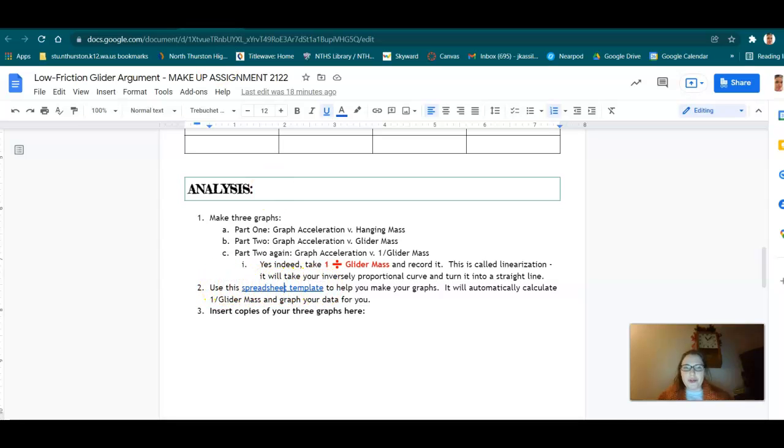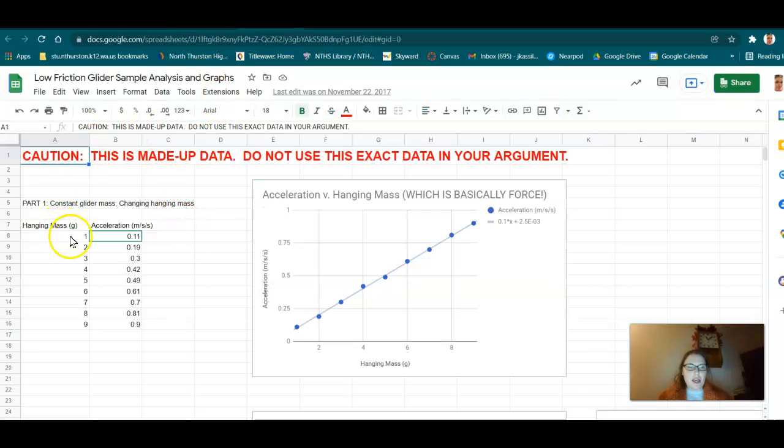So you're going to put your data into this spreadsheet. You'll see right here, part 1, there's a spreadsheet area for the glider mass and the acceleration that you calculate. And then you'll see I've created the graph for you. Learning how to make a spreadsheet obey your commands and create a graph used to be a lot easier because computers weren't as smart as they are now.